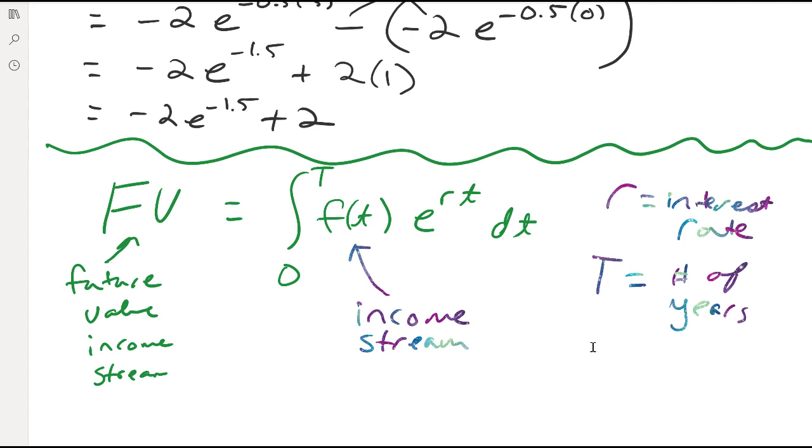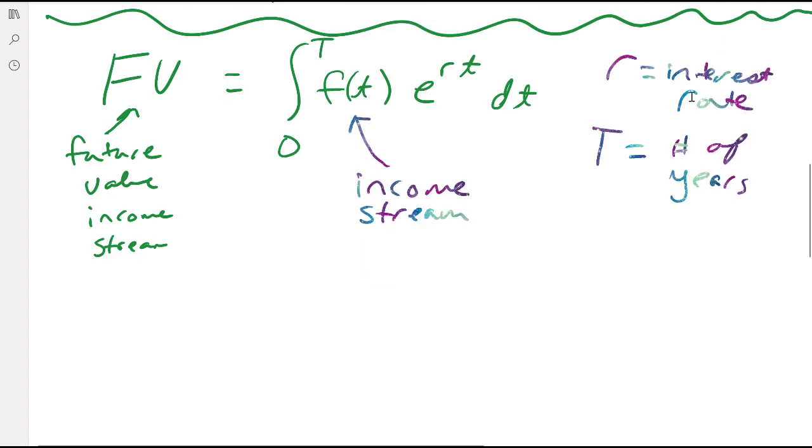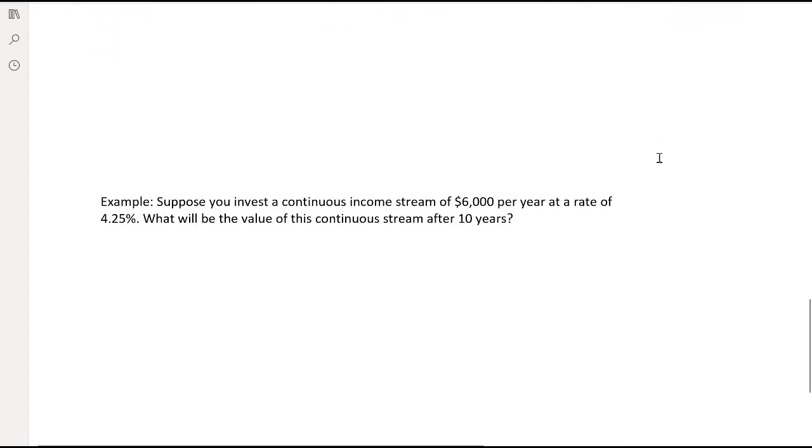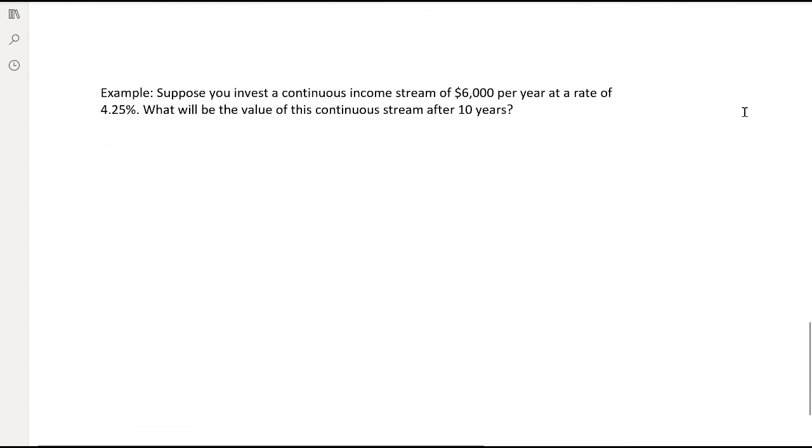Let's see if I got a problem here. For example, suppose you invest a continuous income stream of $6,000 per year at a rate of 4.25%. What will be the value of this continuous stream after 10 years?